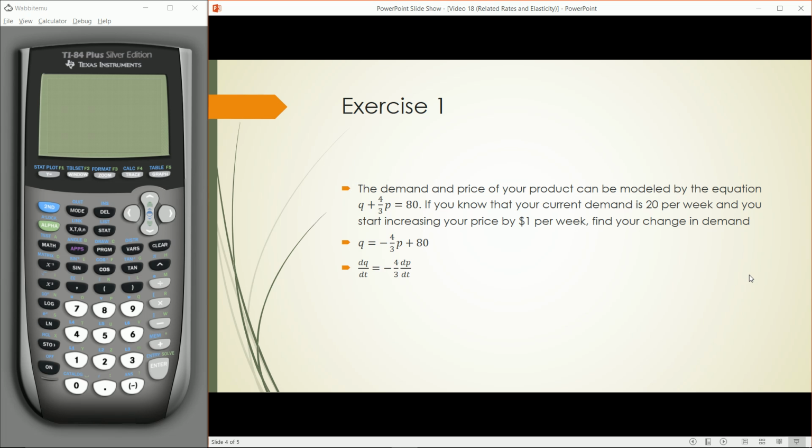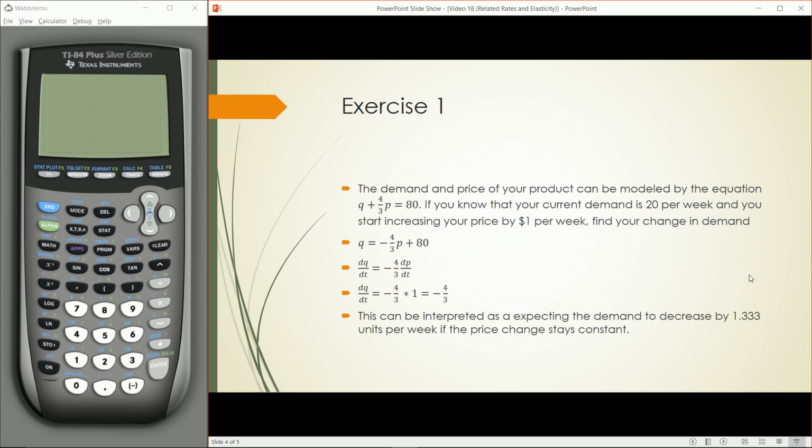We do know that we are increasing our price by $1 per week, so dp dt is 1. So we get negative 4/3. Your interpretation of this is that we can expect the demand to decrease by 1.33 units per week if the price change stays constant at going up by $1 per week.